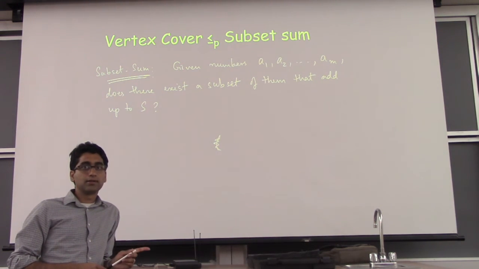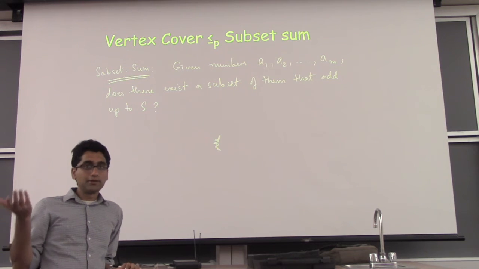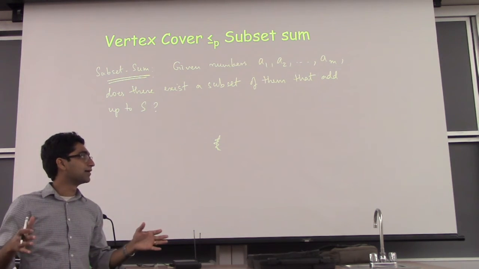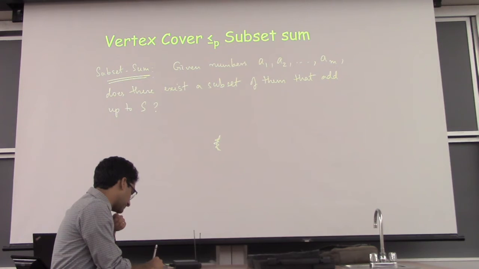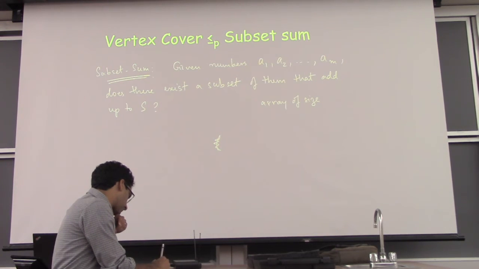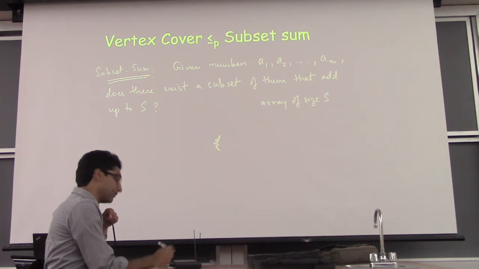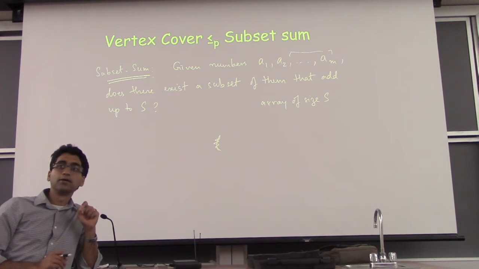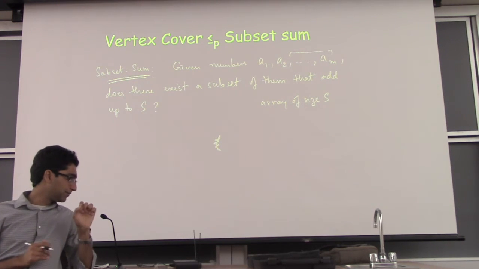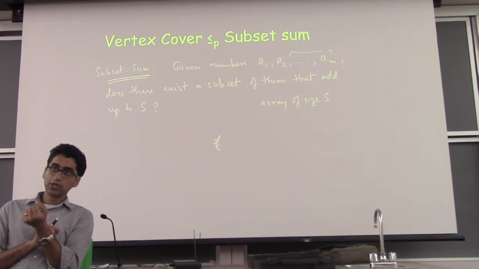So this is a recursive way of solving it, and the way to turn it into a dynamic program is to have an array of size S. This tells you if a certain value can be represented using only some subset of these numbers, and maybe you also keep track of the subset that you are interested in.